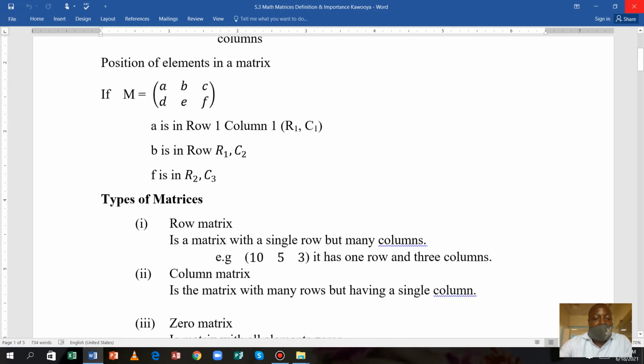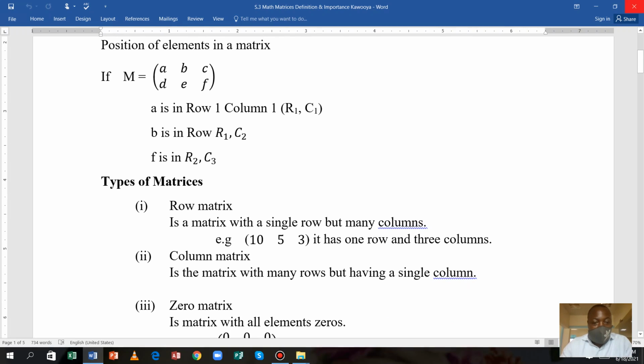Matrices have types, and the first one we can look at is what we call a row matrix. A row matrix is a matrix with a single row, implying it has only one line, the horizontal one, west to east, but many columns, meaning the lines running from north to south are more than one.